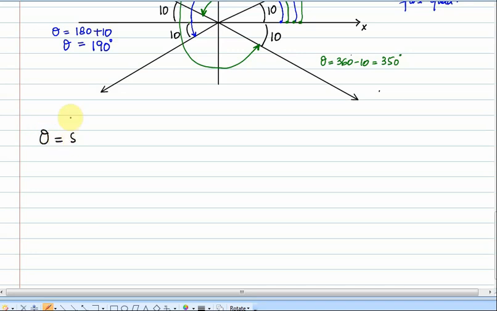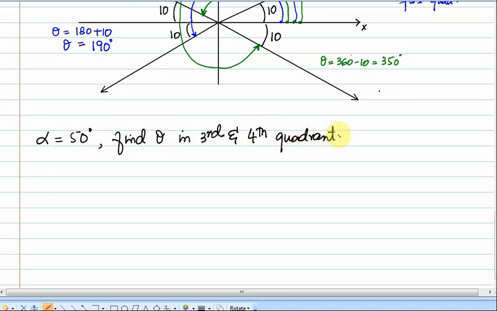Alpha is equal to 50 degrees. Find theta in the third and fourth quadrant. Now you don't need to find theta in all four quadrants because I limit it to two quadrants only, third and fourth. So you have a minute to try this question by yourself first, and then I will explain.